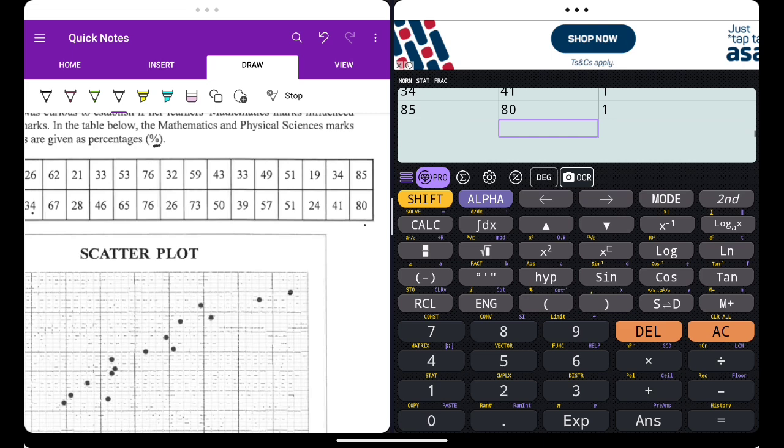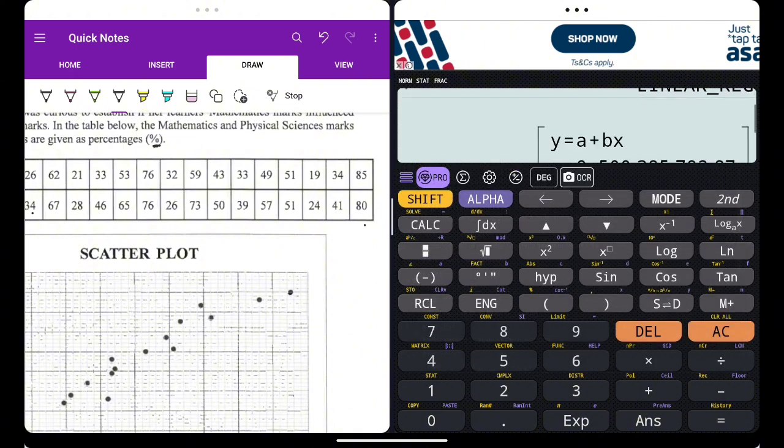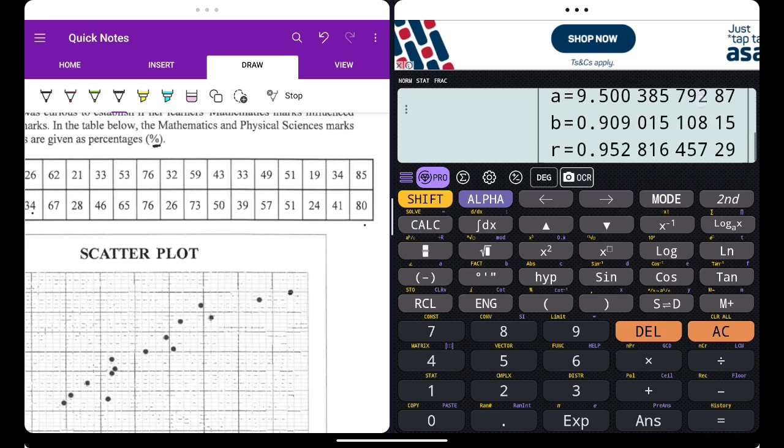So we go to AC. It's better to go to AC. And then we press Shift, then 1. Right. So under Shift 1, we go to regression.